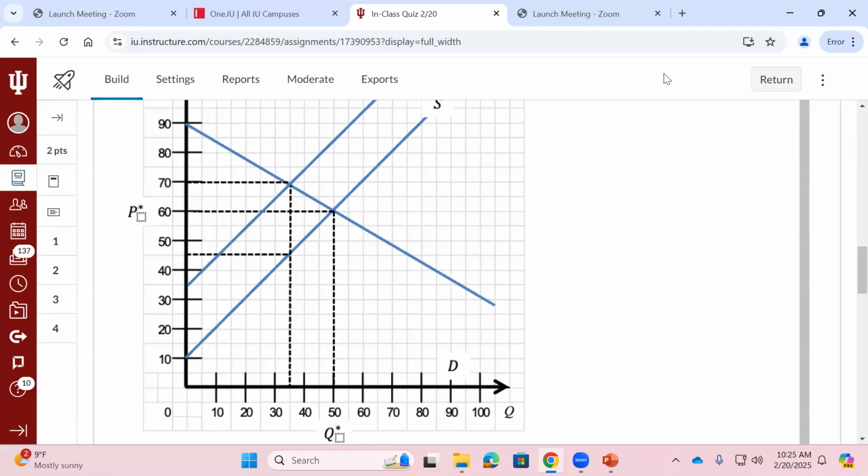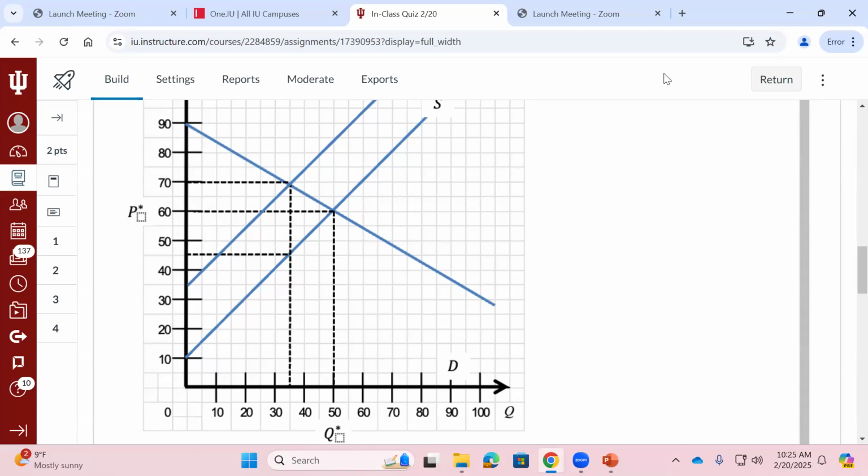How could you find tax revenue? Well, what would tax revenue be? It's just the value of the tax times the number of units, or the quantity after the tax. What is the quantity after the tax? 35. So 35 times 25 should give me tax revenue.